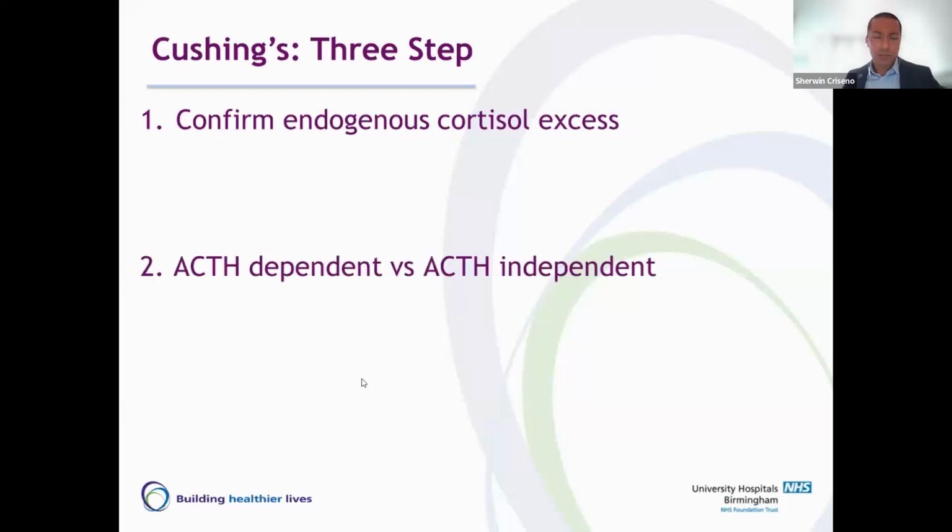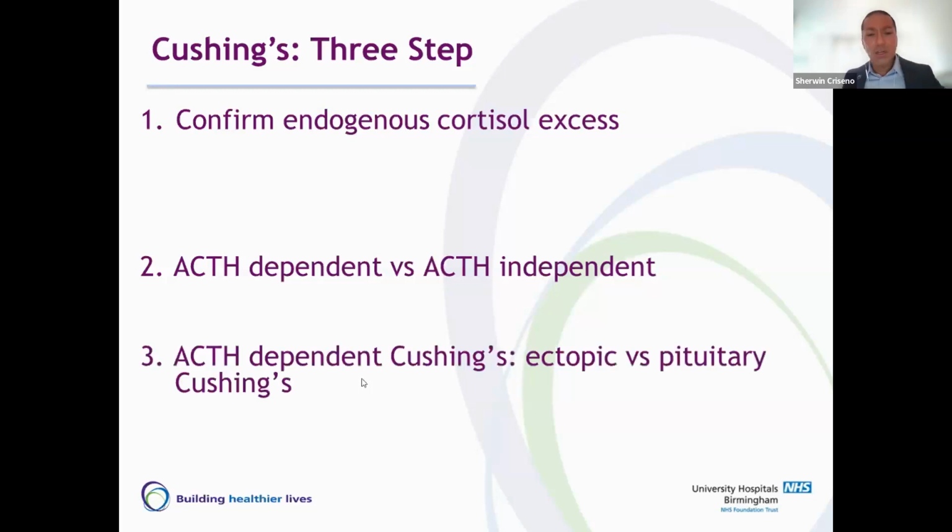The second step, once we establish high cortisol, is to ask whether that high cortisol is driven by ACTH or is independent of ACTH. And if it is ACTH dependent, is it coming from the pituitary or from somewhere else? Now let's look at the first step.